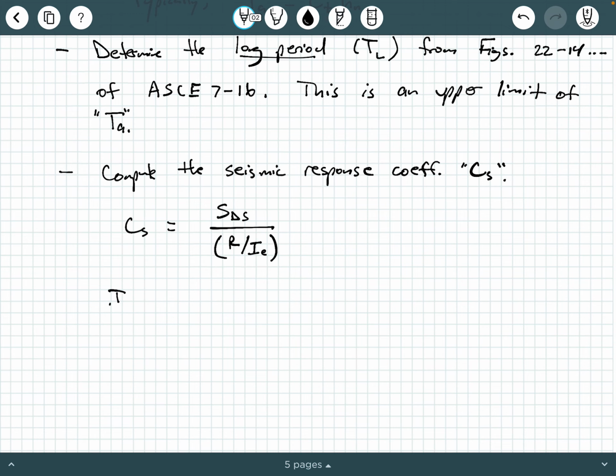Where I sub E is our earthquake importance factor. And we've explored this before. This comes from table 1.5-2 of ASCE 7. This is also in the textbook. I think I asked you a homework question to pull the importance factor out of one of these tables, specifically for earthquake purposes. So this is something you have seen before a little bit, okay?